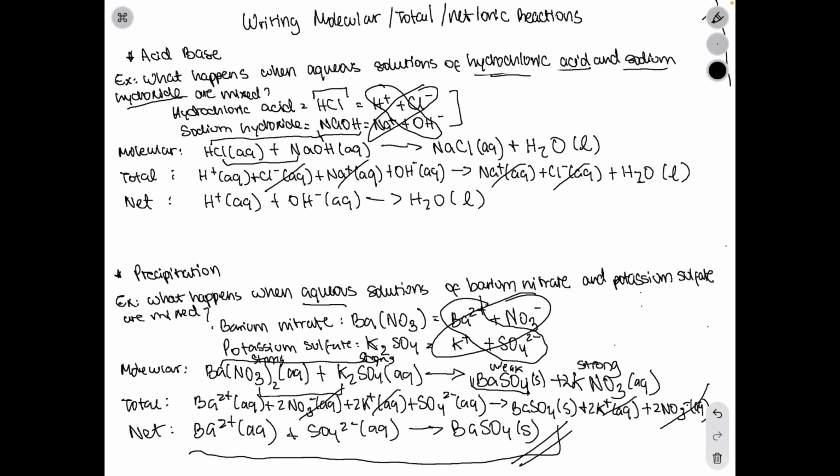So remember, it is essential to know your solubility rules and how to use your solubility table. Also know how to separate the ions, how to use your periodic table and know the oxidation states.